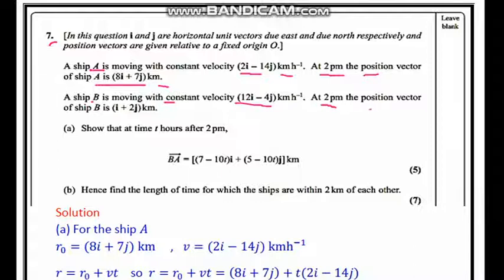At 2 PM, the position vector of B is i plus 2j km. Show that at a time t hours after 2 PM, the vector BA equals (7 minus 10t)i plus (5 minus 10t)j kilometers. Let's see how to solve it.